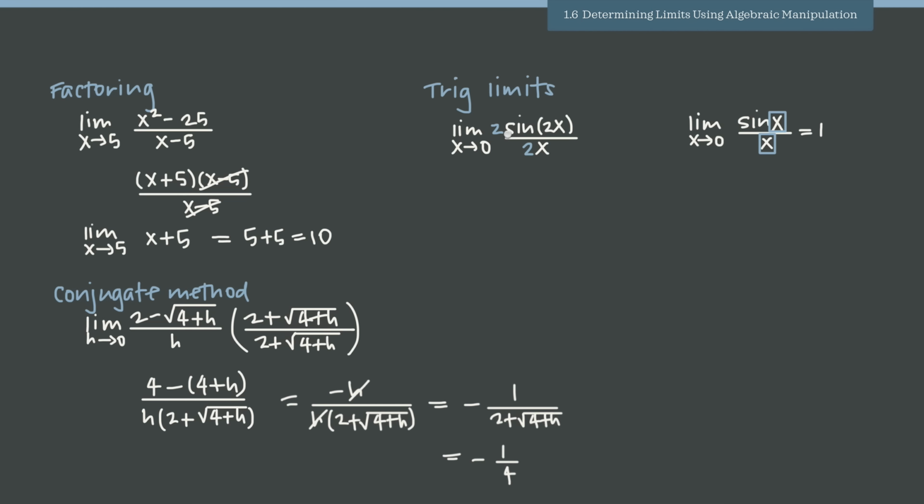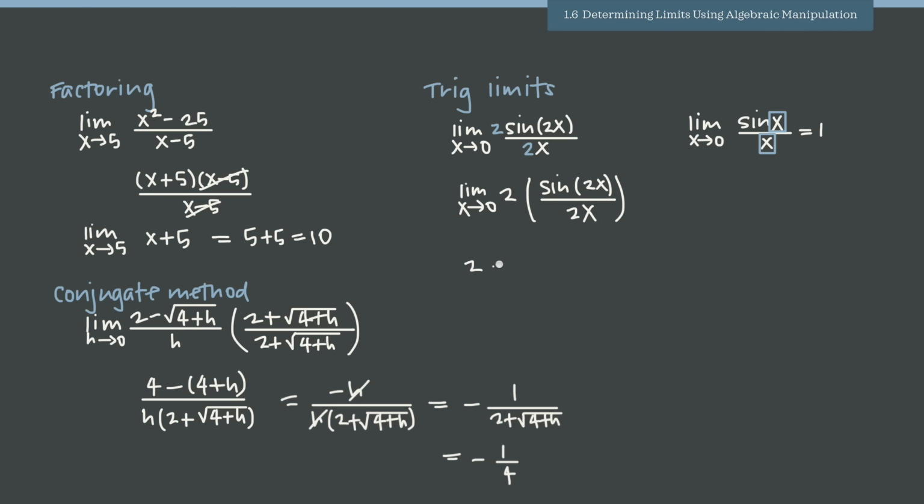What we can see now, if we factor out this 2 in the numerator, is that we essentially have 2 multiplied by sine of 2x divided by 2x. And now this form inside the parentheses matches the format over here, and we already know that this limit is equal to 1. So we can say the limit as x goes to 0, and remember, according to our properties of limits, we can pull this 2 out in front of the limit.